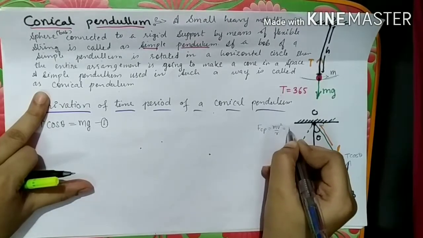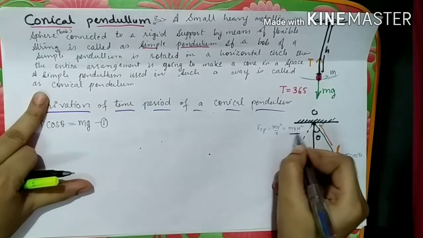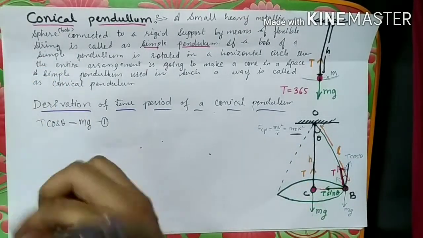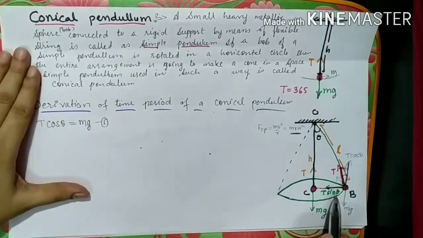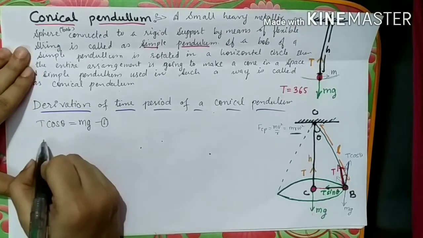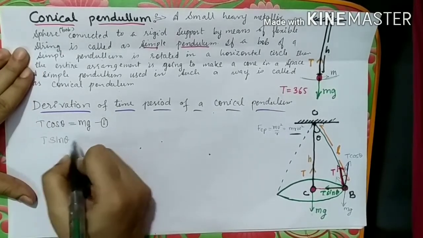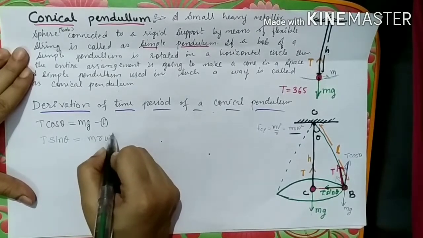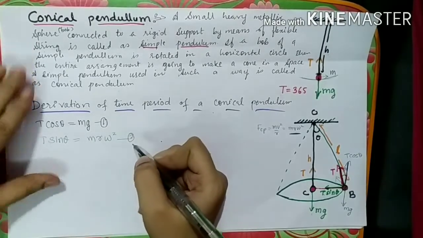It is also equal to mr omega square. So in this derivation we are going to use this formula. So our second equation, for T sin theta, from the diagram is T sin theta is equal to mr omega square. Give this one as equation number 2.